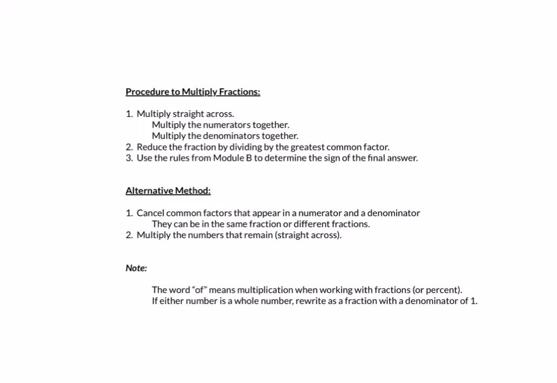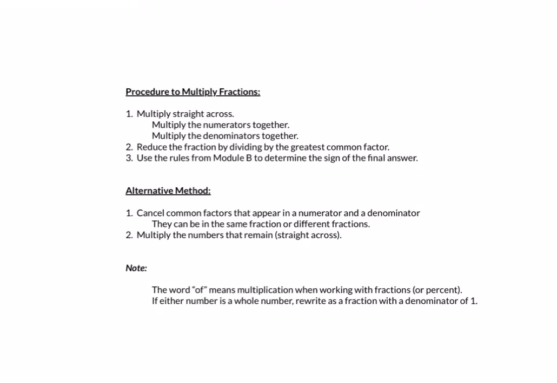Now, you can multiply and then reduce, but an alternative method, and one that I prefer to use, is to cancel common factors and then multiply. This makes sure that your numbers are smaller, they're easier to work with, and it's easier to see how things simplify.